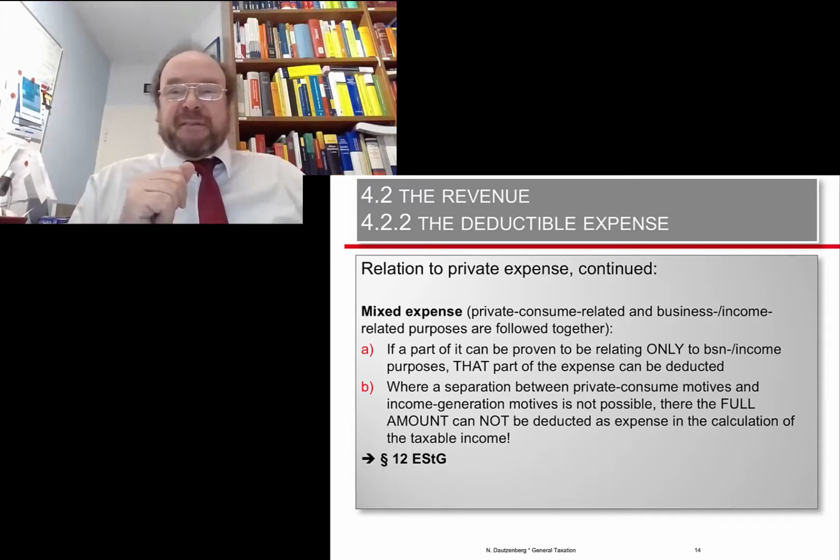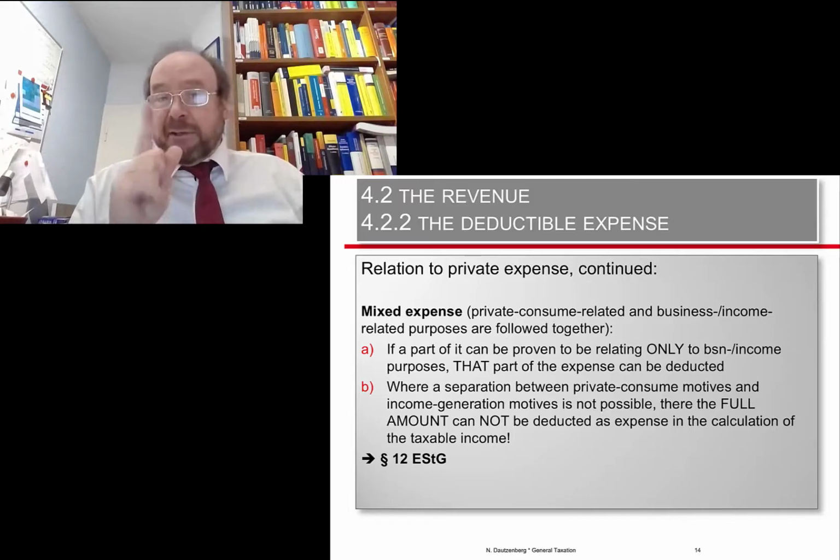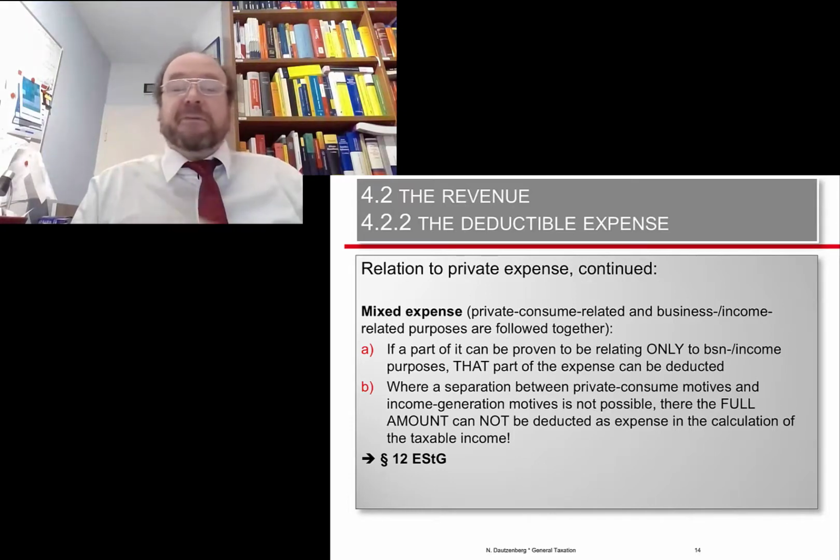But now a very conservative fiscal inspector could say, hey, but sleeping is not income related. You booked the hotel room only for being able to sleep there, and sleeping is private, is not business related.